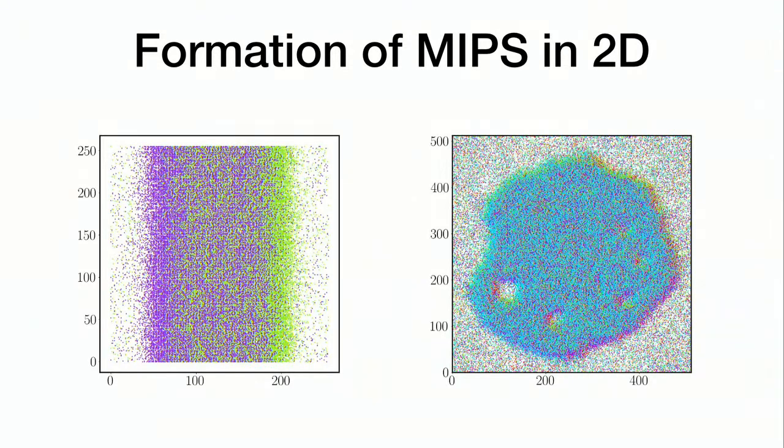Nobody says that the MIPS has to be one big cluster. This is what the simulation gives. You do the simulation and this is what you get. Let's just agree the system is not devoid of voids.